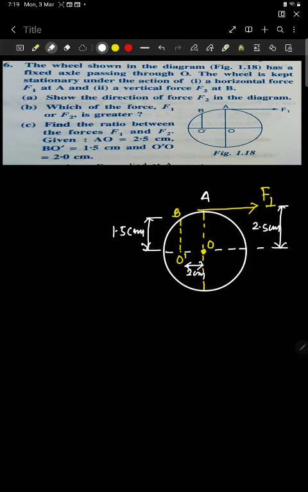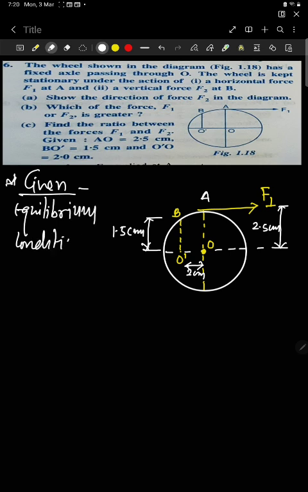Now the first question. In the question they already state that this body is in equilibrium condition. The wheel is kept stationary.